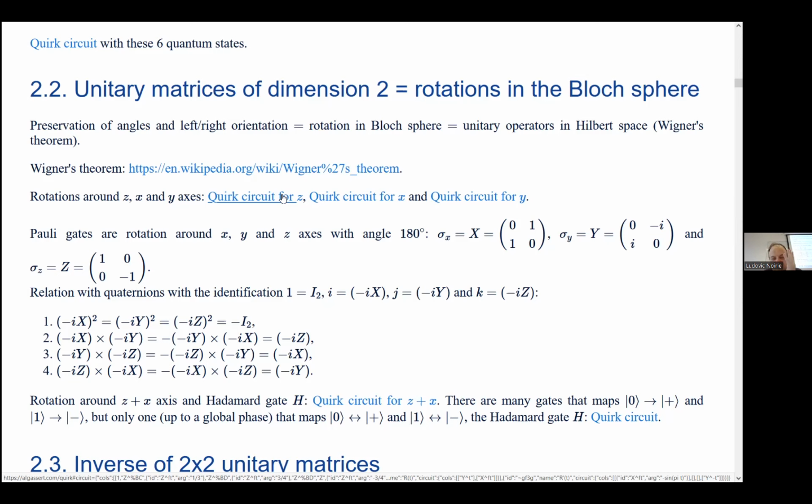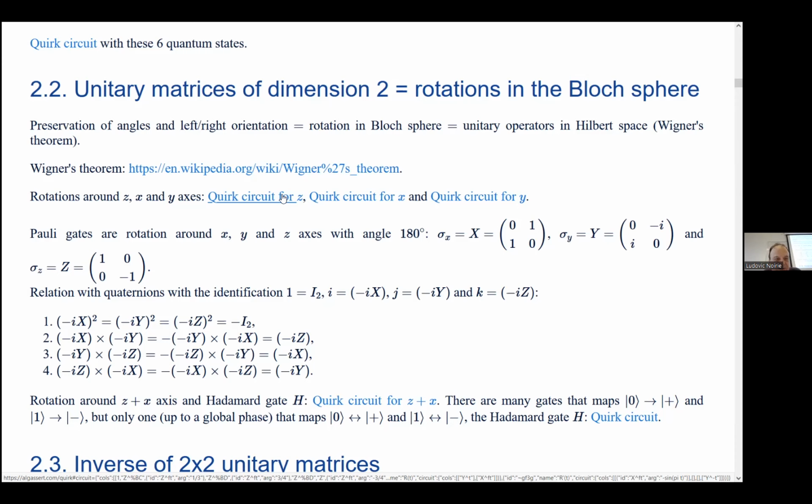Unitary operators are unitary matrices, and anti-unitary operators cannot be represented by complex matrices. It is not linear, it is antilinear: you have an additional complex conjugation applied on the state.